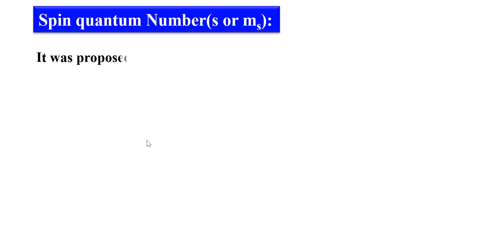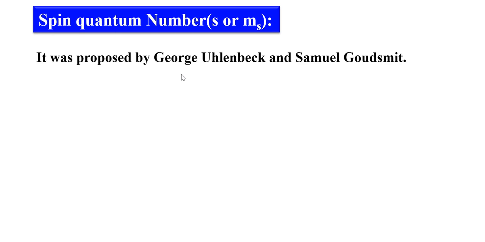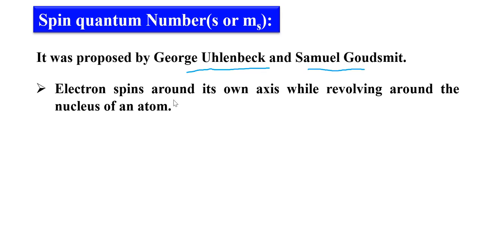Next, the last quantum number, the spin quantum number. It was proposed by George Uhlenbeck and Samuel Goudsmit. An electron spins around its own axis while revolving around the nucleus of an atom, just like our Earth revolving around its own axis while moving around the Sun.